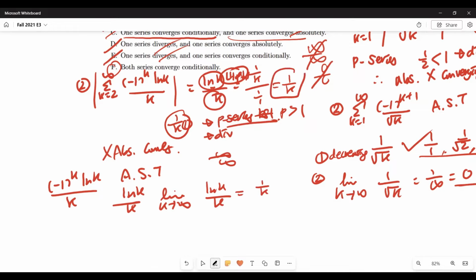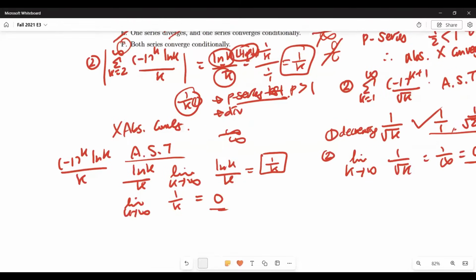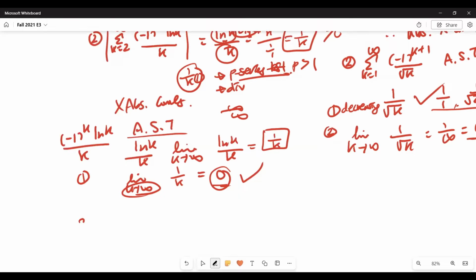And if you look at 1 over k, the limit as k goes to infinity is going to be 0, which is not less than 1, but which is 0. And the alternating series test tells you the limit as k goes to infinity has to be 0 in order to converge. So that's right.